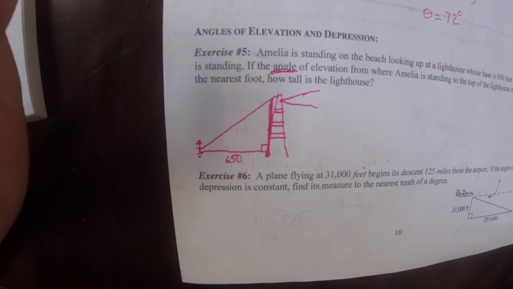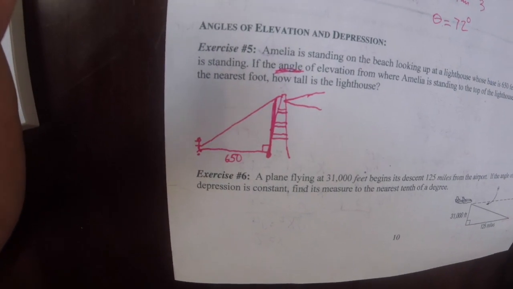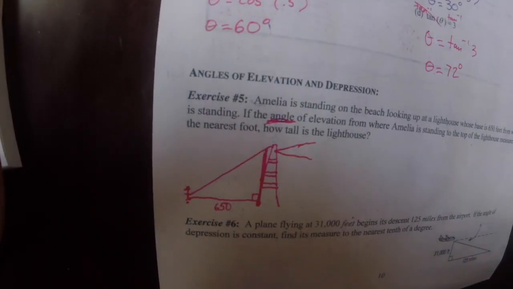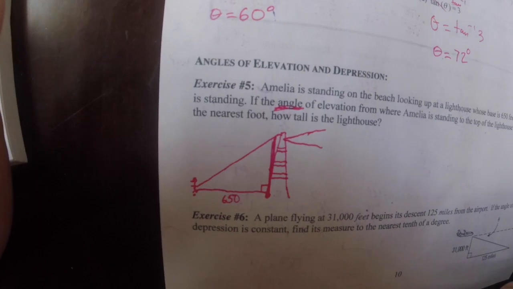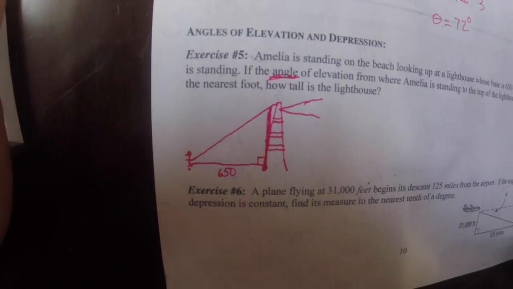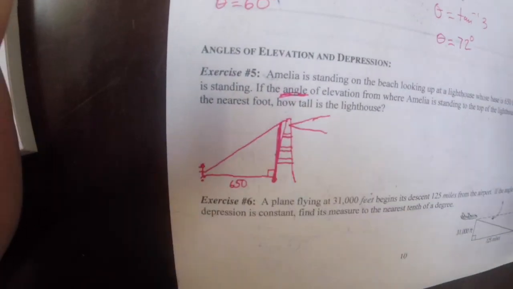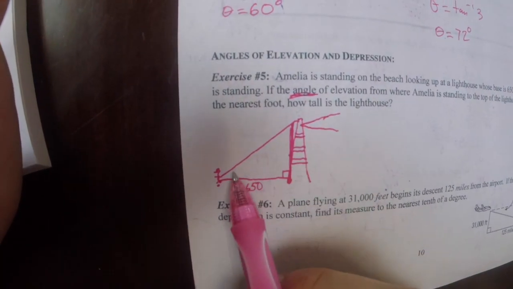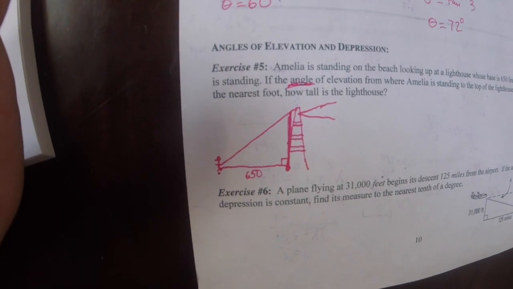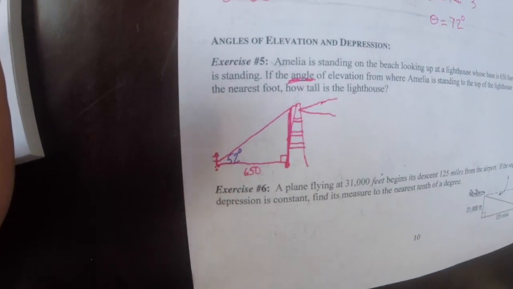Where have you heard the term elevation? Like an elevator. Okay. So whenever you see the term angle of elevation, it's the angle of looking up at something. So where is Amelia and where is she looking? Amelia's here and she's looking up. So the angle is in here where Amelia is. 52 degrees goes right here.